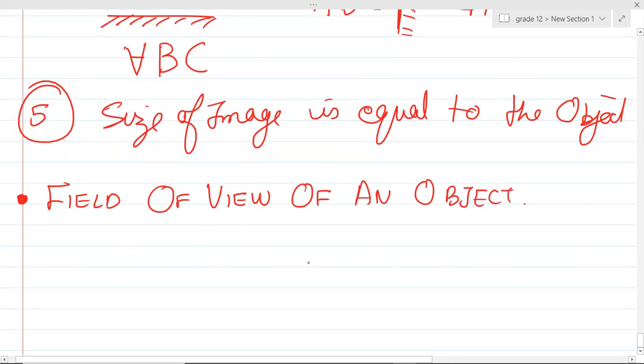So suppose guys you are the object, okay? No, sorry. There is no field of view of an object. There is first of all the field of view of an image. Understand this, then we'll consider later on. So what is field of view of an image in a plane mirror?